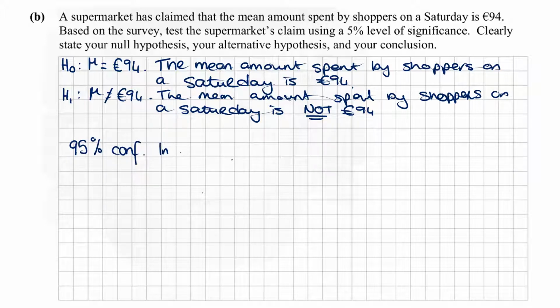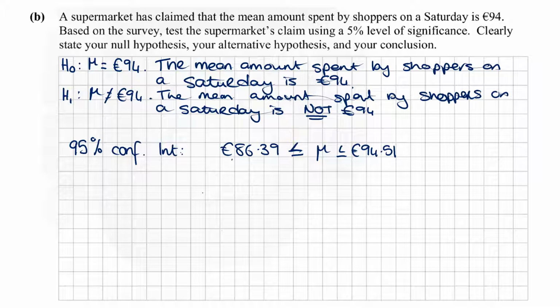So the 95% confidence interval from the previous part basically said 86.39 to 94.51. So mu is somewhere in there. Since mu is somewhere in there, if the mu they've given us does sit in there, then we can accept the null hypothesis.